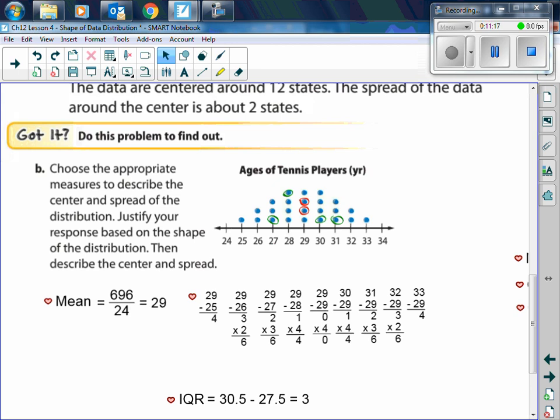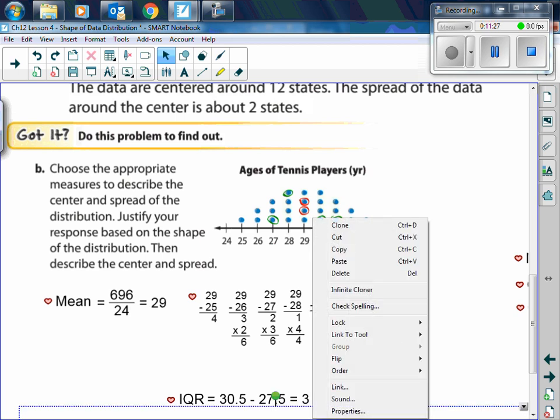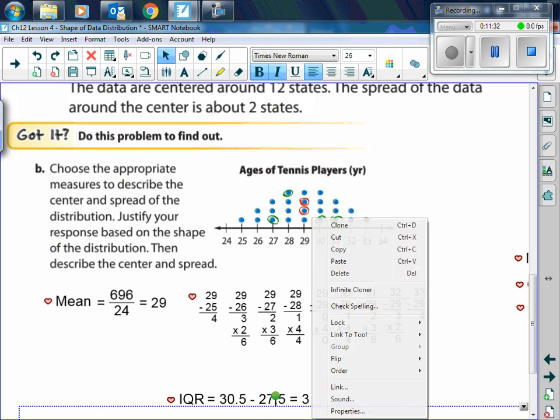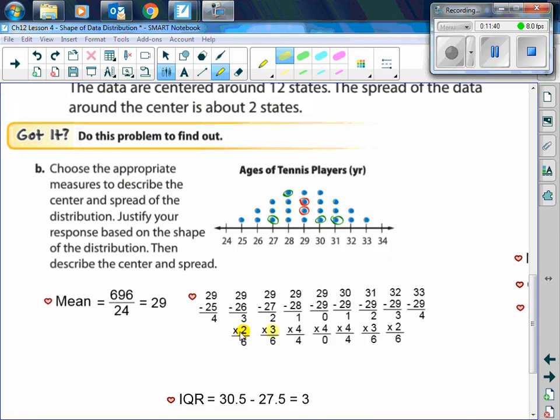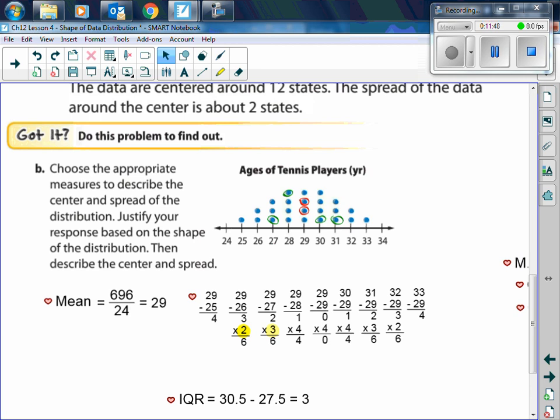Because there were two 26s, the difference between 29 and 26 is 3, but there are 2 of them, so I just multiply times 2. Does everybody see that? We found our differences, and now we want to find the mean of the differences, which gives us our mean absolute deviation. So our mean absolute deviation is 1.7.